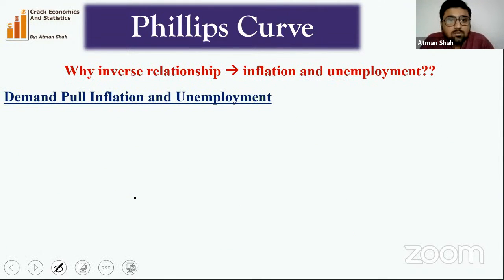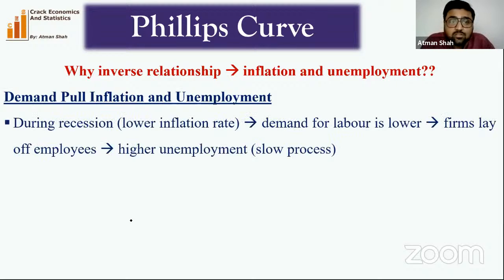Let's talk about the recession. So during recession, the inflation rate is low, so profits are lower. So when the profits are decreasing in the economy, there is a decrease in the demand for labor. So firms lay off employees, which increases the unemployment.